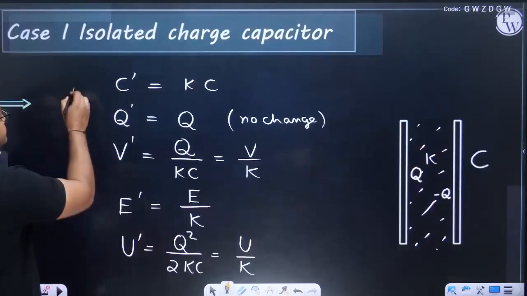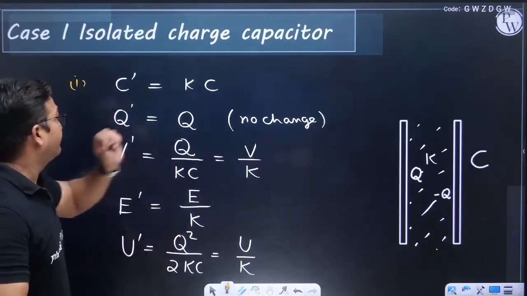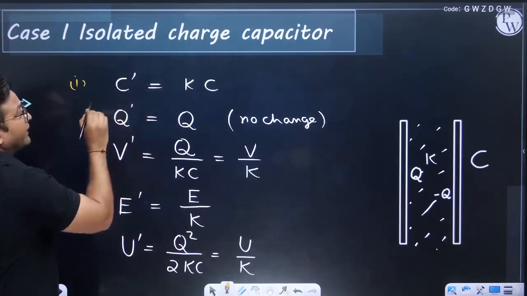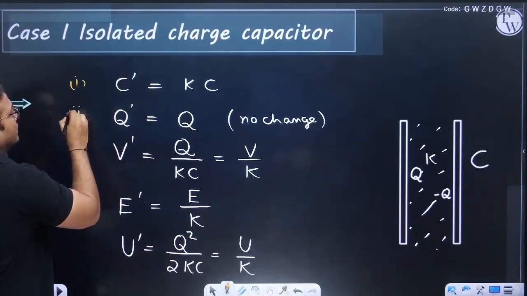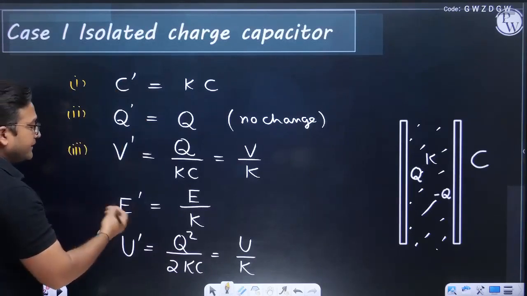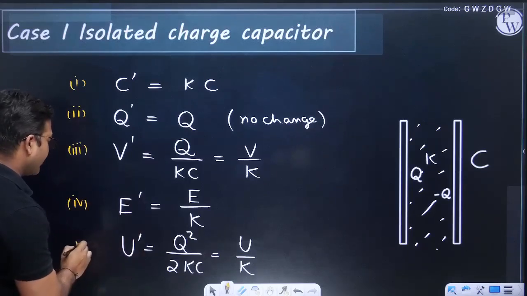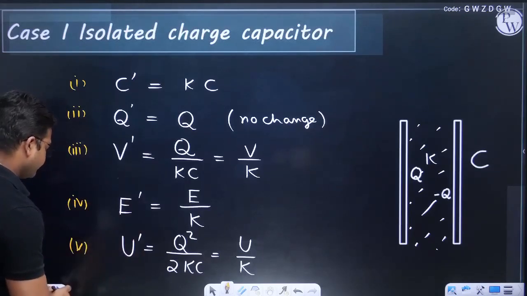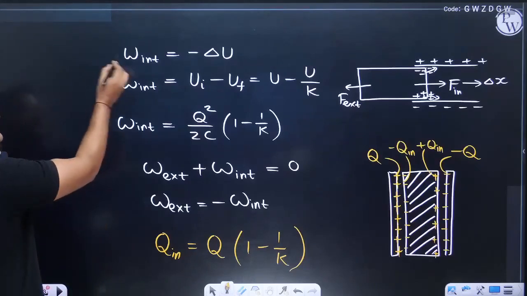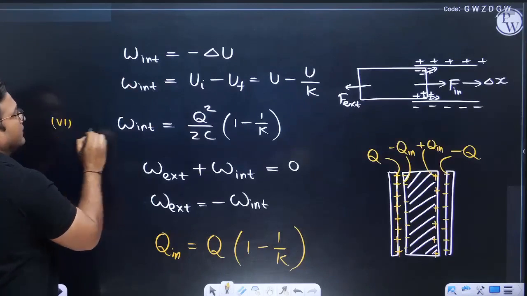The first is capacitance. Capacitance changes by a factor of K. The charge in case of an isolated charged capacitor does not change. The voltage is reduced by a factor K. The electric field is reduced by a factor K. The potential energy is reduced by a factor K. Work done by internal force is given by this.